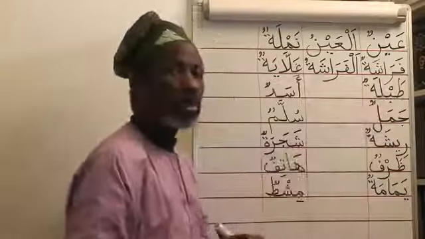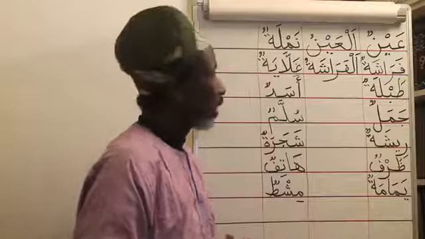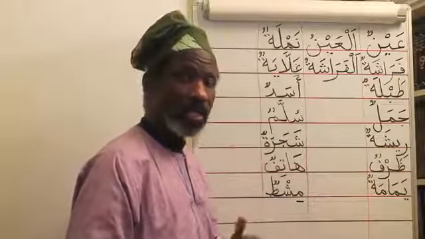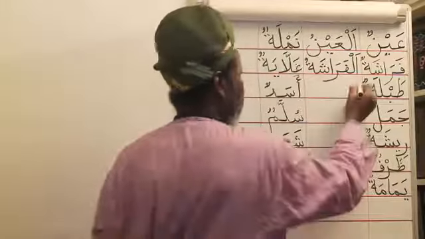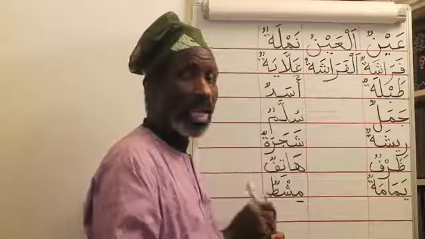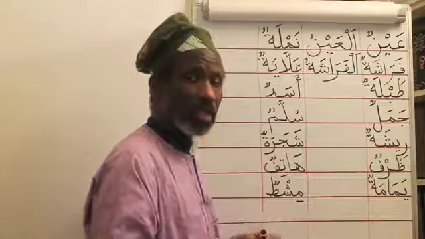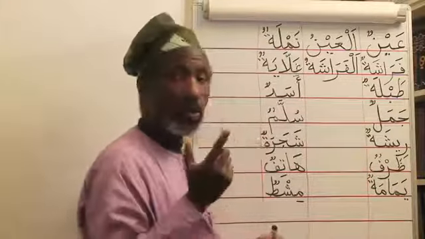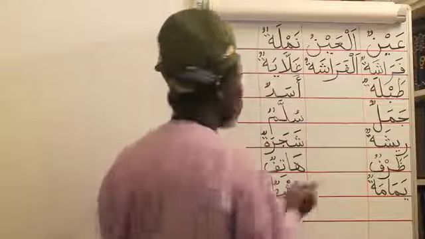Toblatun. Toblatun starts with Ta. That Ta is a sun letter. As a result, when a sun letter is placed after the lam of "Al", that letter will carry a shadda. And as a result, the lam will be without the sukun. We remove the sukun.